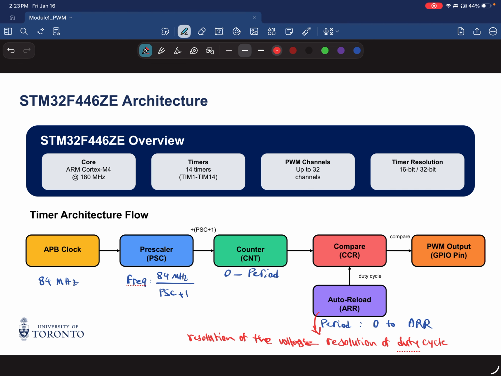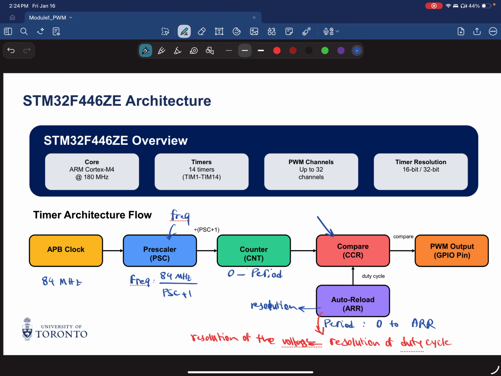So the prescaler defines the frequency of our PWM, and ARR defines the resolution of PWM. Then another register we have is compare, CCR. This defines the duty cycle.